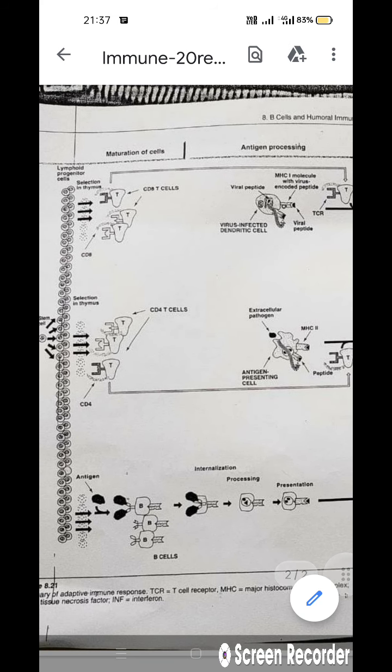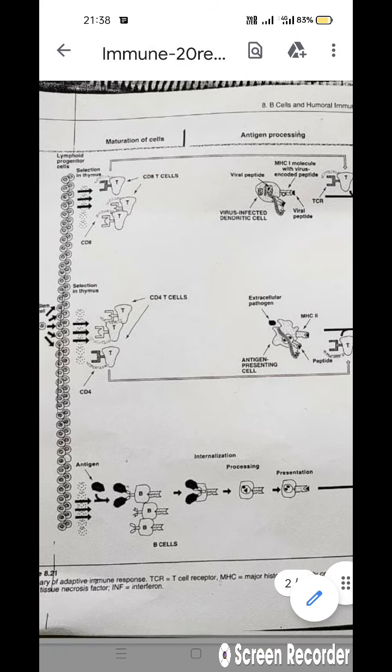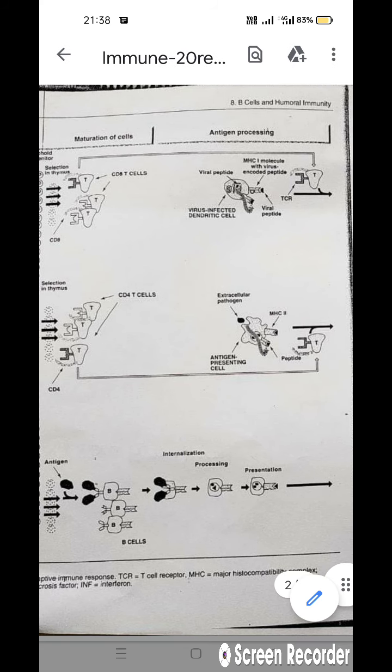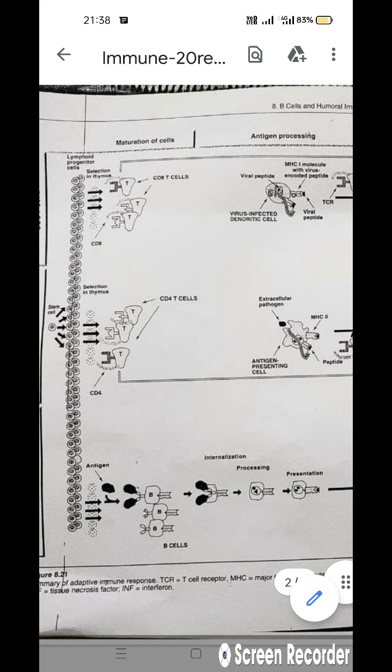Very important concept. All nucleated cells contain MHC 1 molecule, and the MHC 2 molecule is only present in the antigen presenting cells. What are examples of antigen presenting cells? You know, macrophage, dendritic cell. So these are examples of antigen presenting cells.